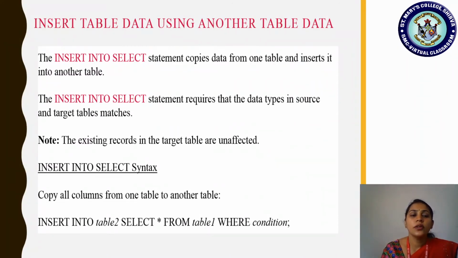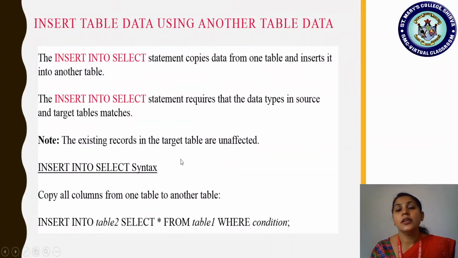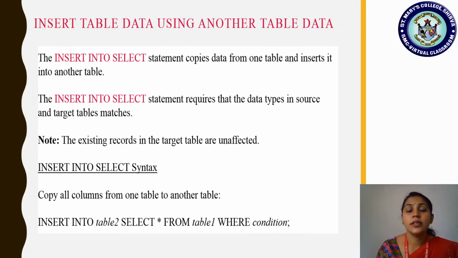Okay, so note the existing records in the target table are unaffected. Whenever we are copying the data, the already existing table, whatever data it is holding, is not modified. It is not affected by any changes. That is the meaning.